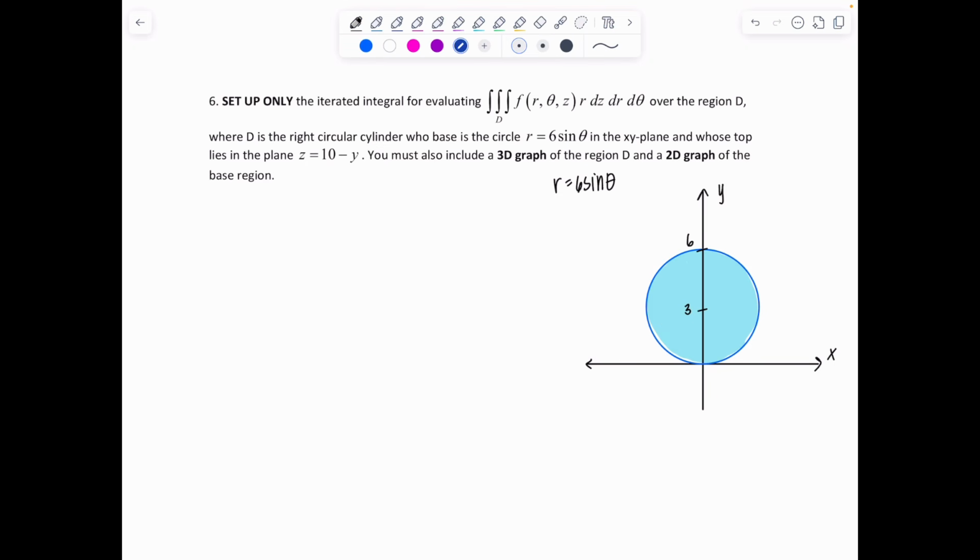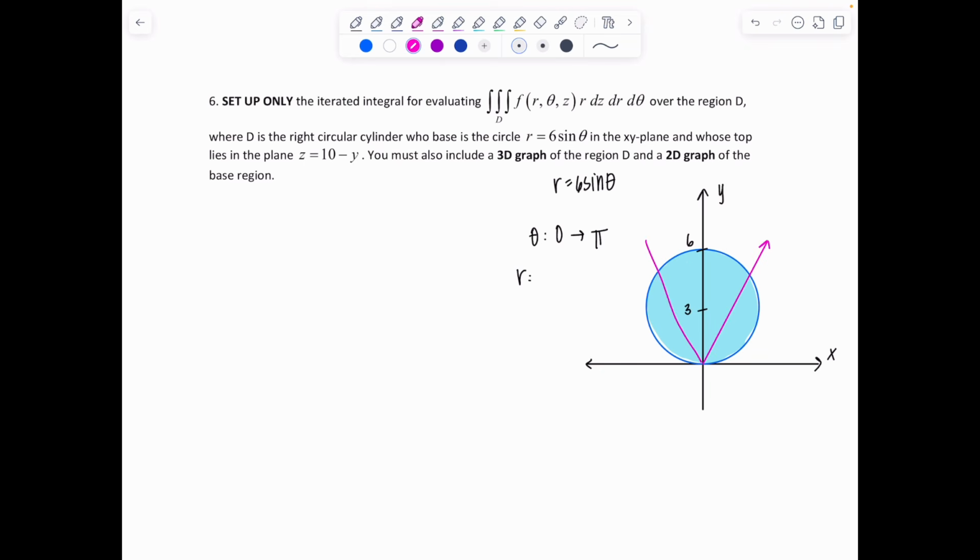This is the base. So theta goes from, please be careful, 0 all the way to pi, not 2 pi. If you do 2 pi, it's too much. Is there a circle over here? No, there is not. So don't get carried away. And then what about r? Draw a ray. Start at the origin, draw it outward.